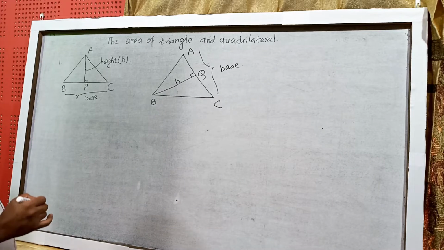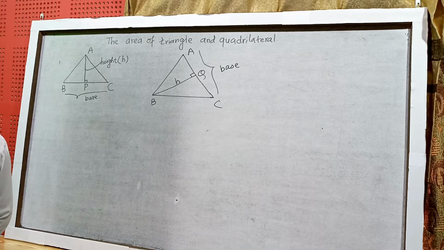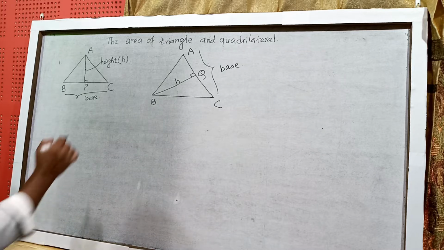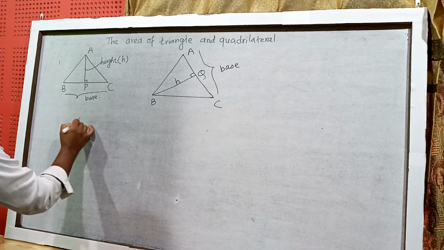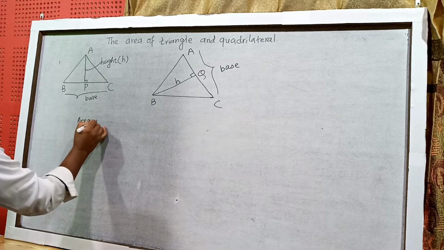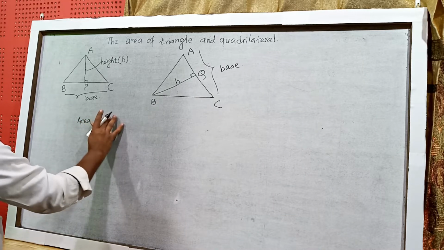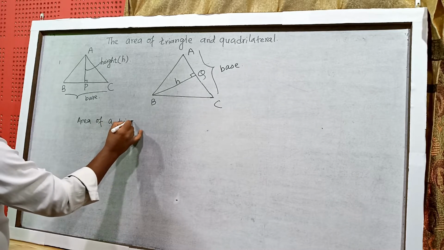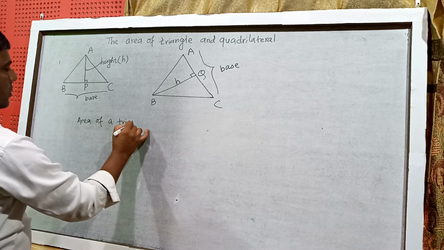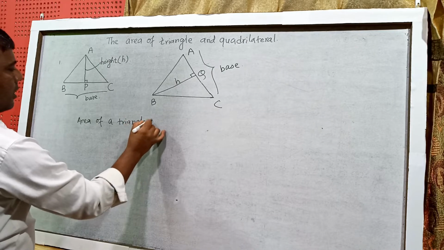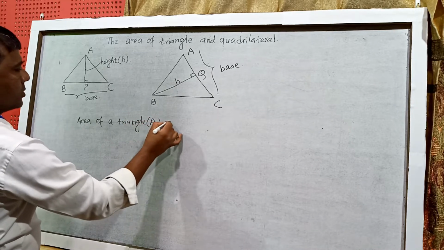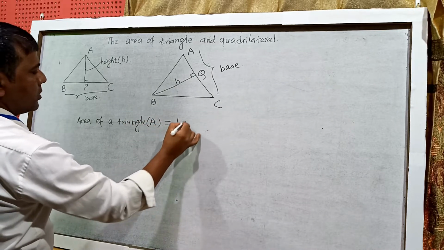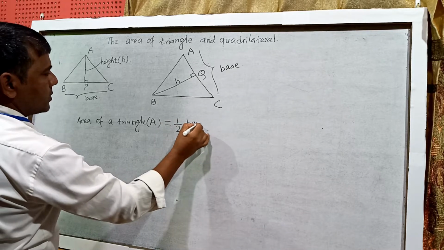Now, if we have the height and base of a triangle, then the area of a triangle, A equals 1 by 2 base into height.